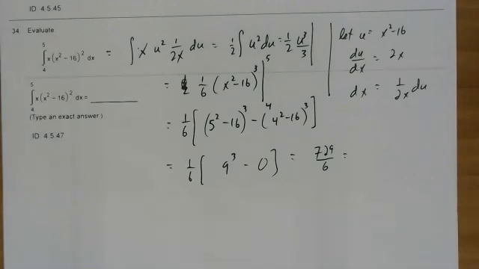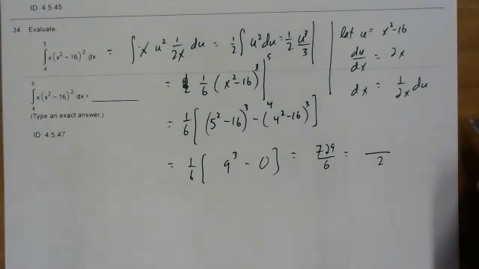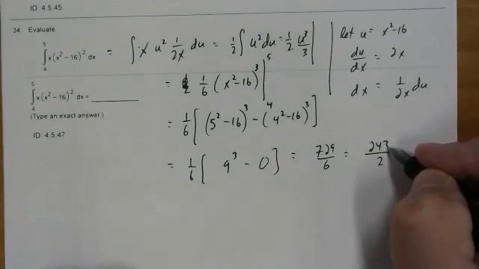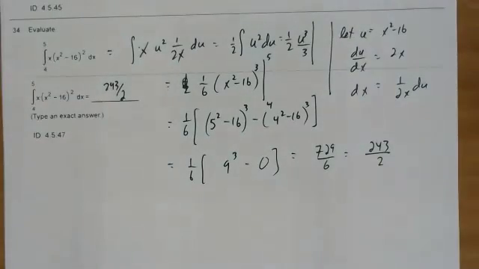I think I can divide by 3 though. 729 divided by 3 is 243. So I'm hoping the answer is 243 over 2. And that is correct. All right. So there's your review for the final exam.